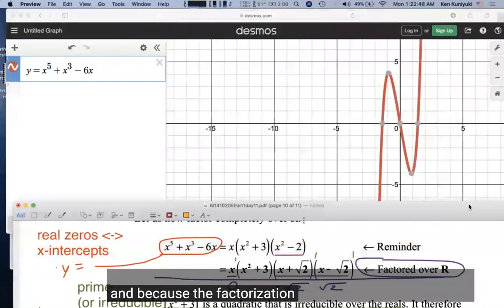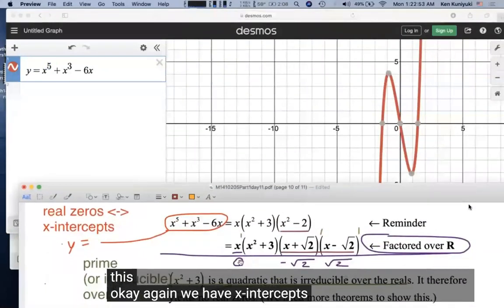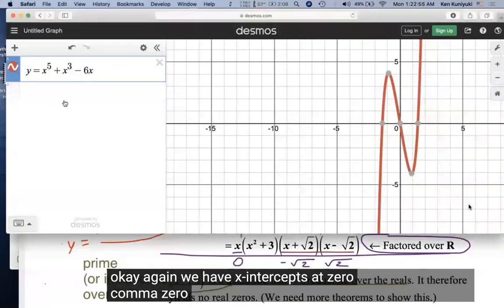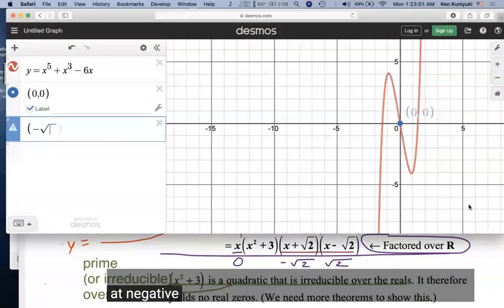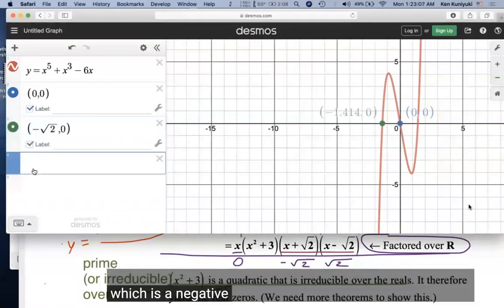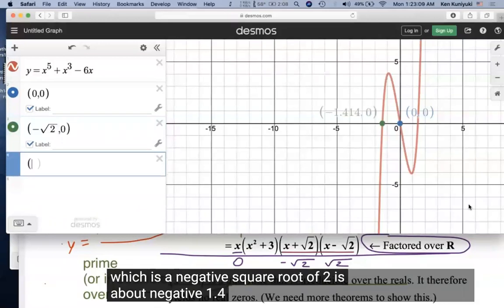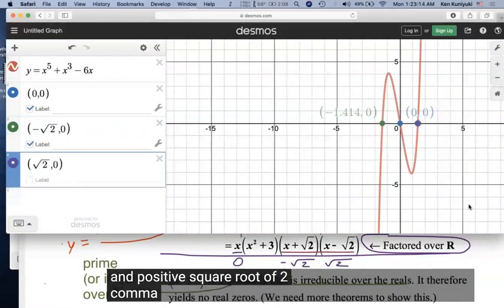And because the factorization looks like this, again, we have x-intercepts at (0, 0), at (negative square root of 2, 0), which is about negative 1.4, and (positive square root of 2, 0).